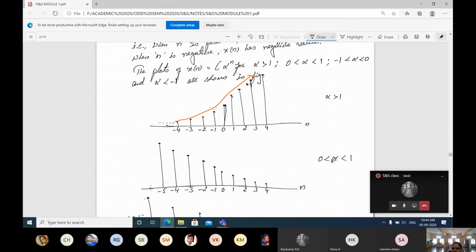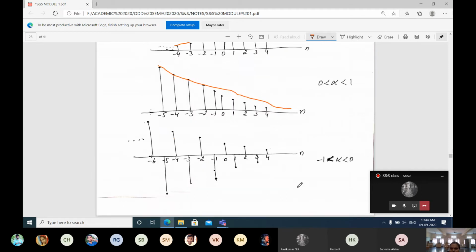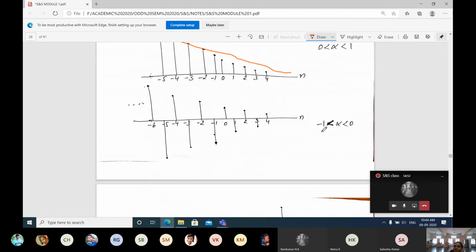When alpha is in between 0 and 1, observe here it is decaying, it is decreasing. When alpha is in between -1 and 0, it is split. Some values will go above and some values will go below, meaning the samples are arranged in an alternate way. One is a positive value, then the other will be a negative value.